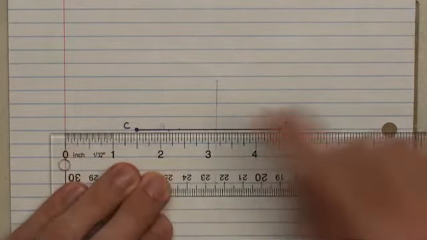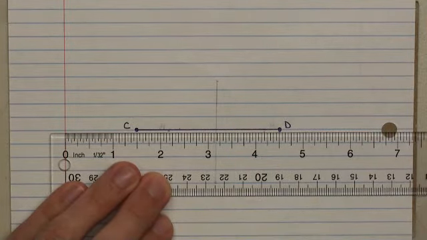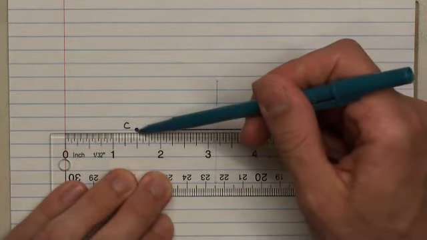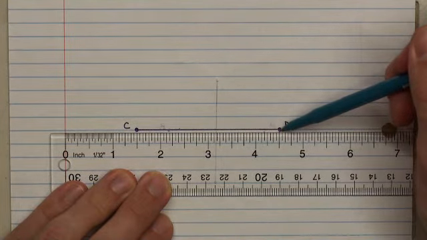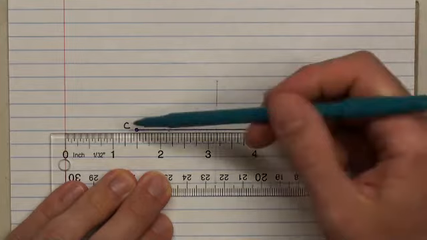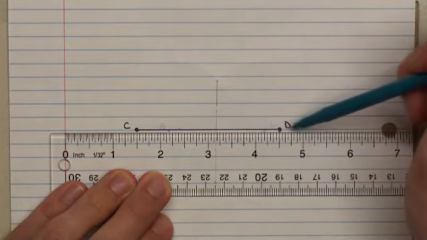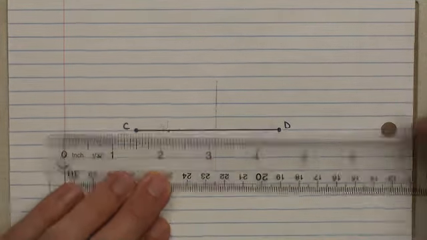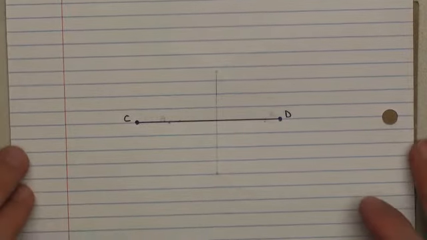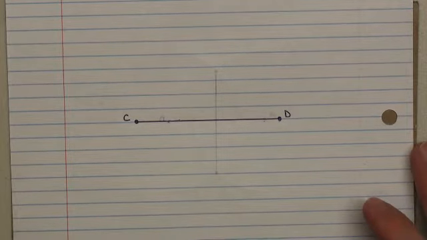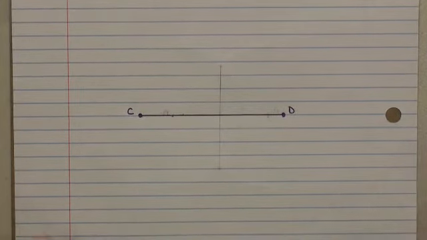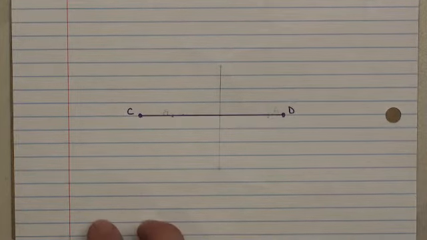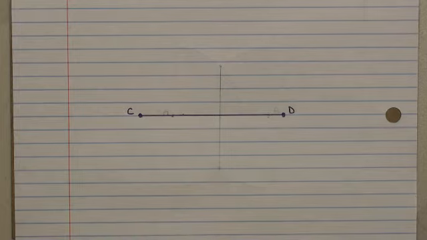Line the 0 up on the left margin and go in 1.5 inches and make a dot, and then go in 4.5 inches and make a dot, and then connect those two dots with a line and put your left endpoint as C and your right endpoint as D. And that is the given line segment that you have to bisect. Once you're done bisecting that line segment, you can take out a new sheet.